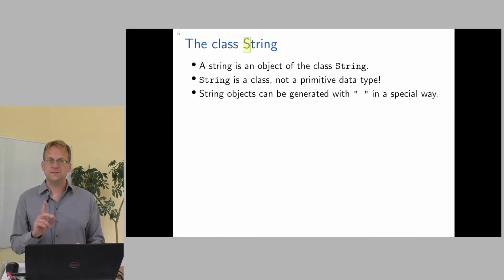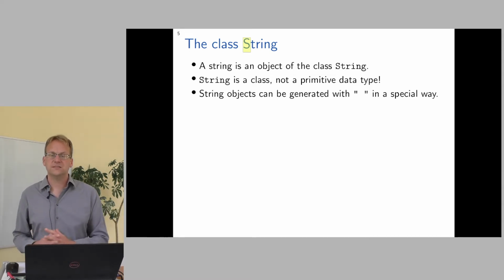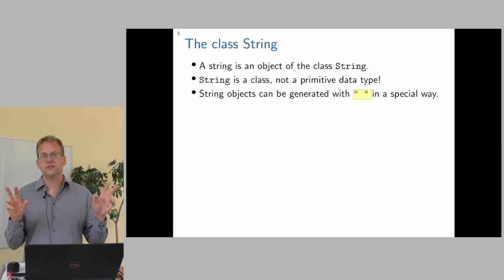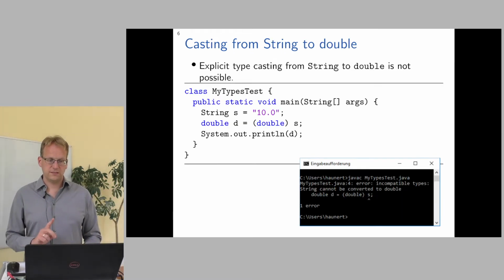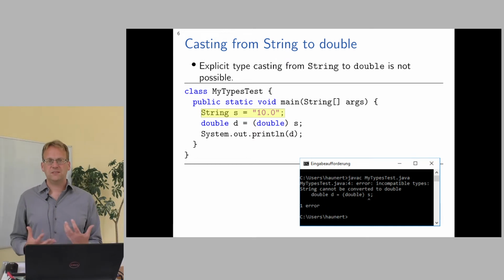Well, and so the difference of the class String compared to other classes is that there's a special way to create new objects of this class. We don't need to call a constructor. Instead, we can create a new object just using these quotation marks, and that is kind of a constructor call. So let's look at this example. What I'm doing here in this line of code, you can think of this as the call of a constructor.